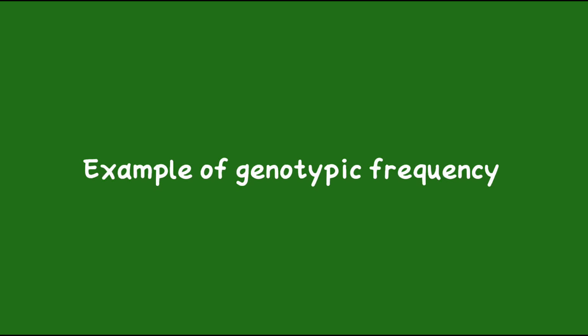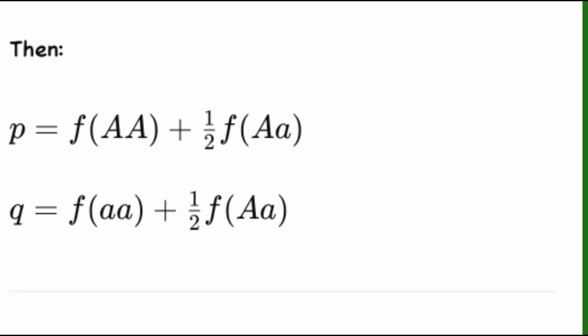Now if we have to find the allelic frequency from genotypic frequency, we will write f of capital A capital A, frequency of the heterozygote, frequency of the recessive, and then we put in the formula P is equal to f in bracket the dominant genotype capital A capital A plus half into the frequency of the heterozygote genotype capital A small a.